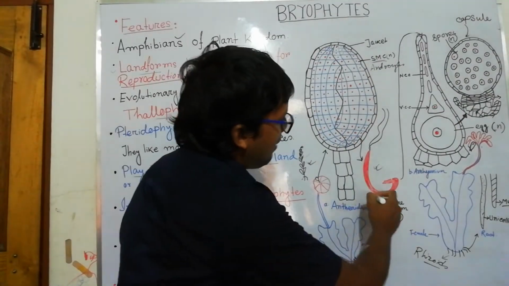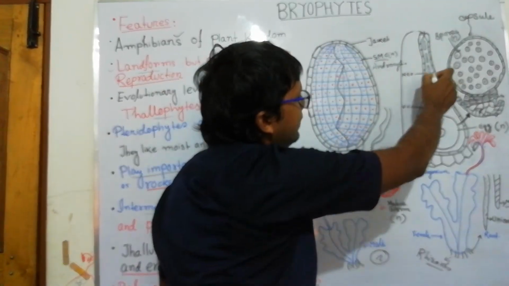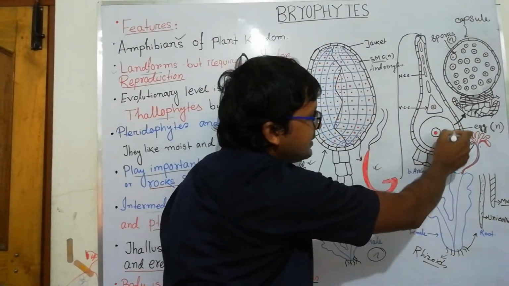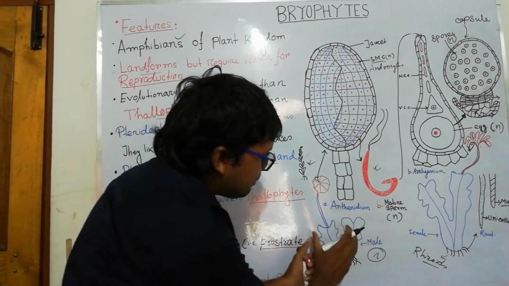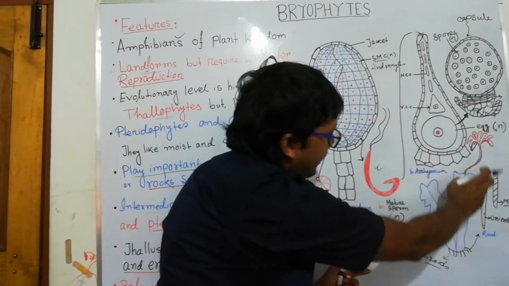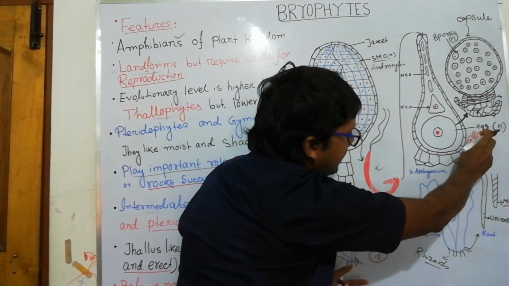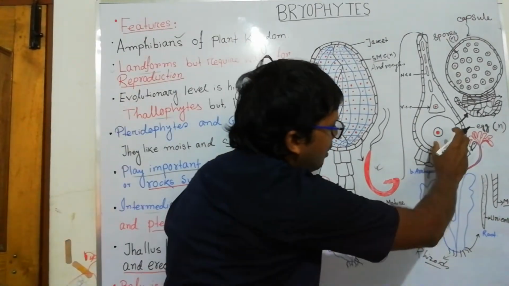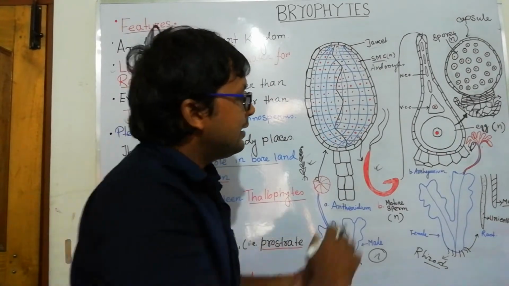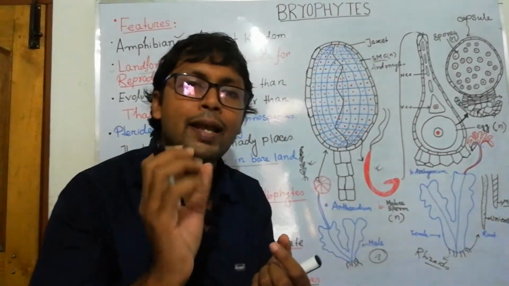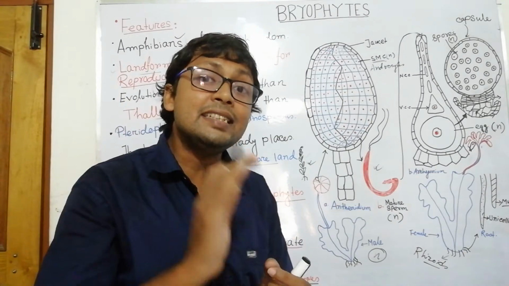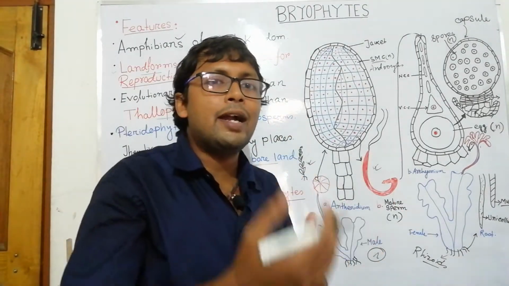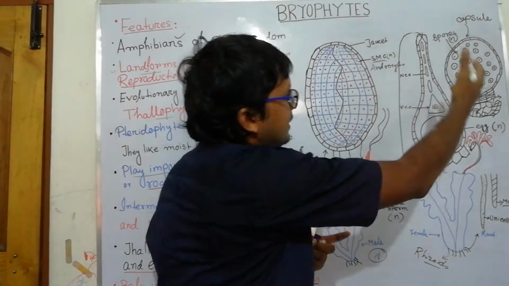What happened? The sperms move in that direction by dissolving the cells and fertilize the egg or ovum. So from this plant, a sperm moves to this plant, in the head of this plant, and in this plant the zygote is developed. After formation of zygote, this zygote will convert into a small embryo, that is sporophyte, and then the embryo is converted into another structure.